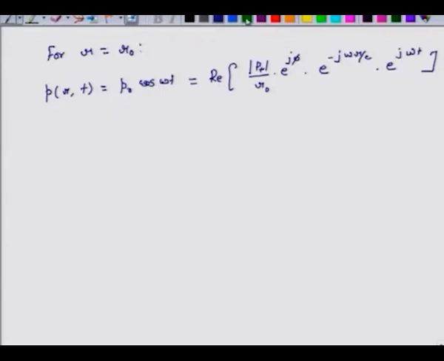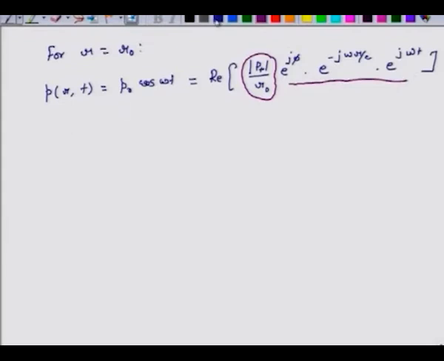Now, I realize that this term is real. So, I can take it out of the parenthesis, and I then split these complex terms into real portion and imaginary portion.